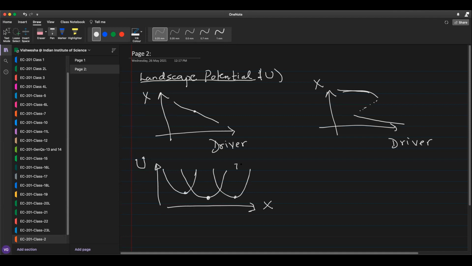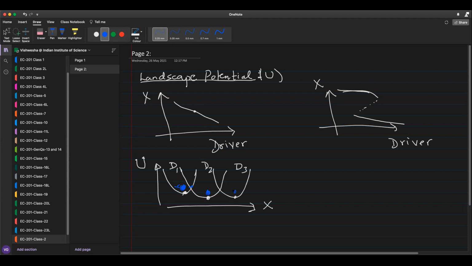You can think of this as driver value 1, driver value 2, driver value 3. As the driver value changes, the minimum changes location. In this specific case, as the driver is increasing, the minimum is reducing, and that captures the fact that the stable state is reducing. So you should think of the ecosystem as some kind of a ball rolling in this kind of landscape.